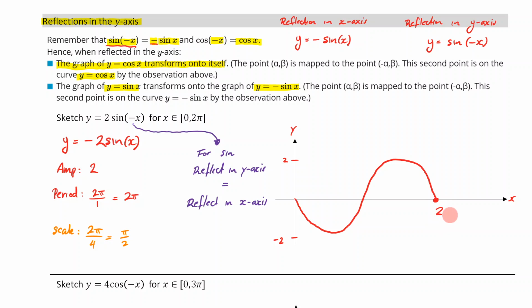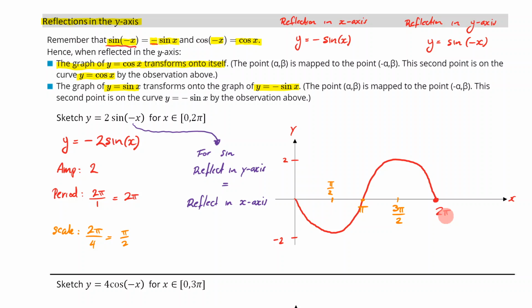The period is 2 pi, so this will be 2 pi. Then, using our scale, we know that this right here will be pi on 2. Pi on 2 plus pi on 2 is pi. And then pi plus pi on 2 will be 3 pi on 2. And then 2 pi, 4 pi on 2, same thing. Perfect, so that's what it is.